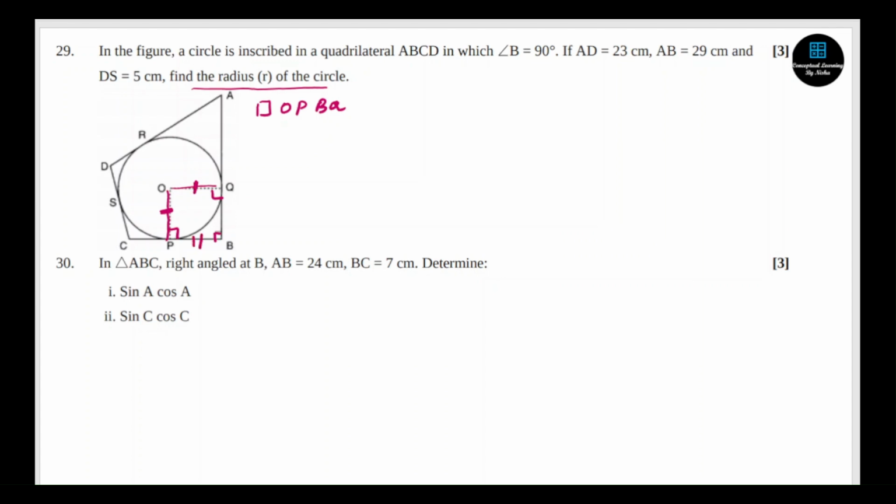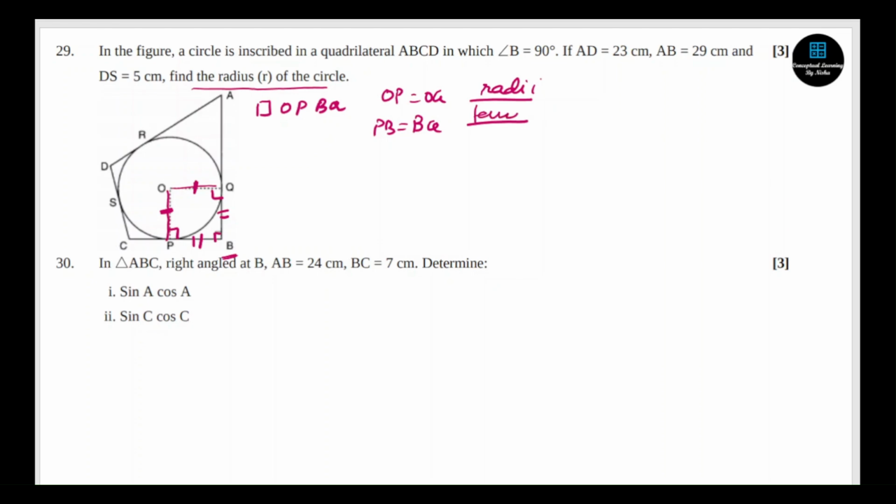Also these are tangents, so they are same because B is the external point. So you have to write all those stuff. You have to write OP = OQ. You have to write the reason they are radii, and you have to say that PB = BQ. Again you have to write the reason they are tangents from the external point B.